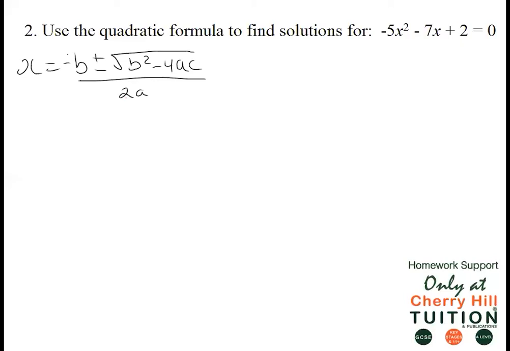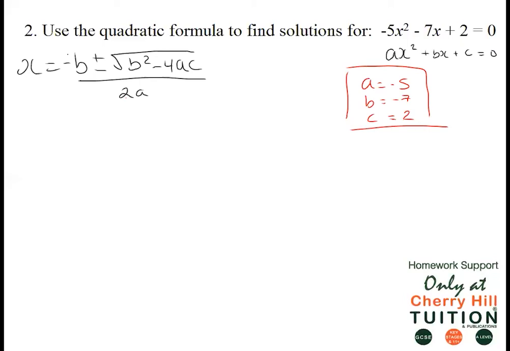The next step is to find our values of a, b, and c. So a is minus 5, b is minus 7, and c is 2. Now that we have our values for a, b, and c, we can plug these into the quadratic formula to find our two values of x.